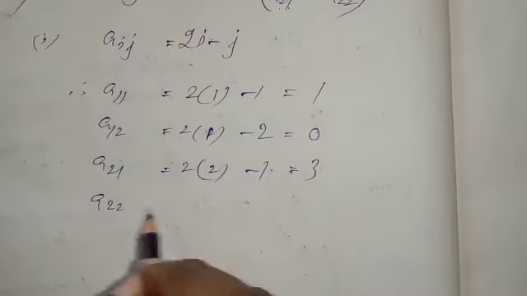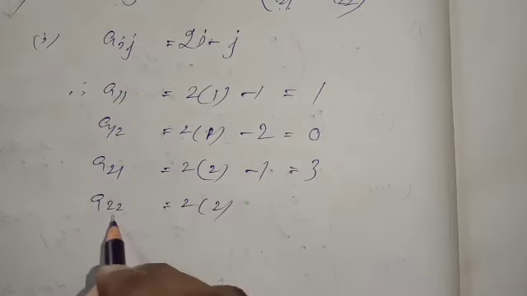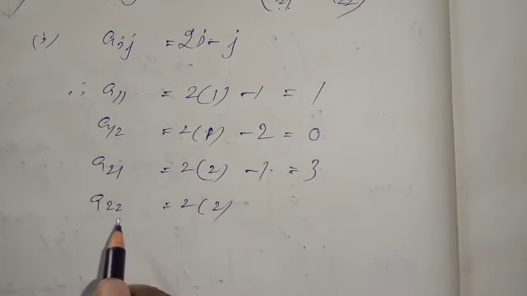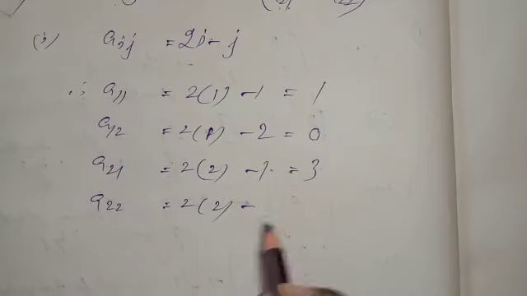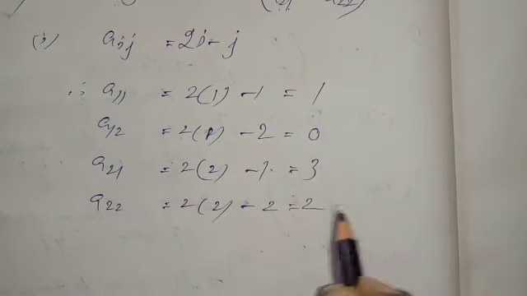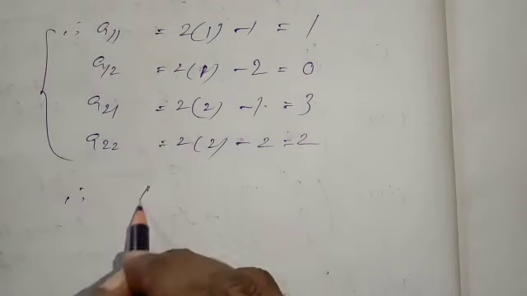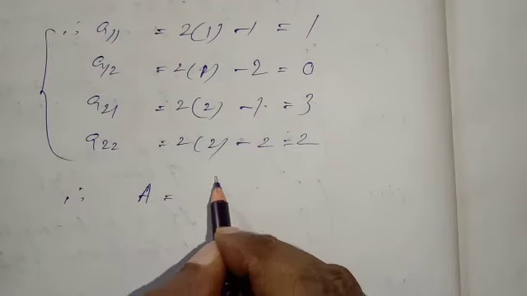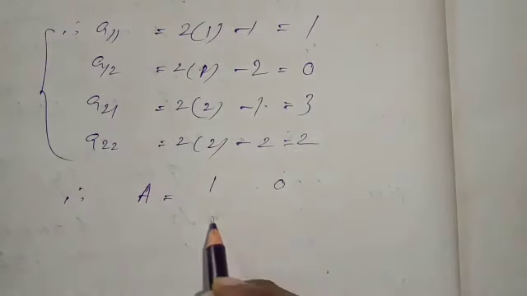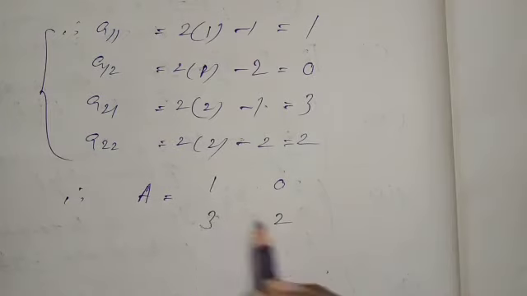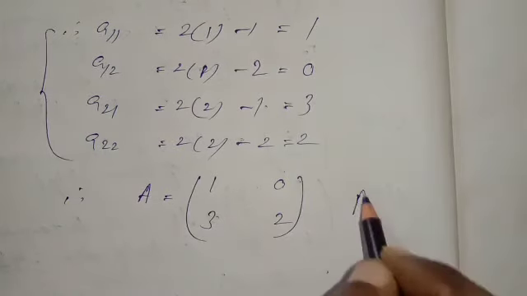Next is a22, this will be 2 into 2, i means number of rows, 2, minus j which is 2, 4 minus 2 is 2. Therefore, the required matrix will be 1, 0, 3, 2.